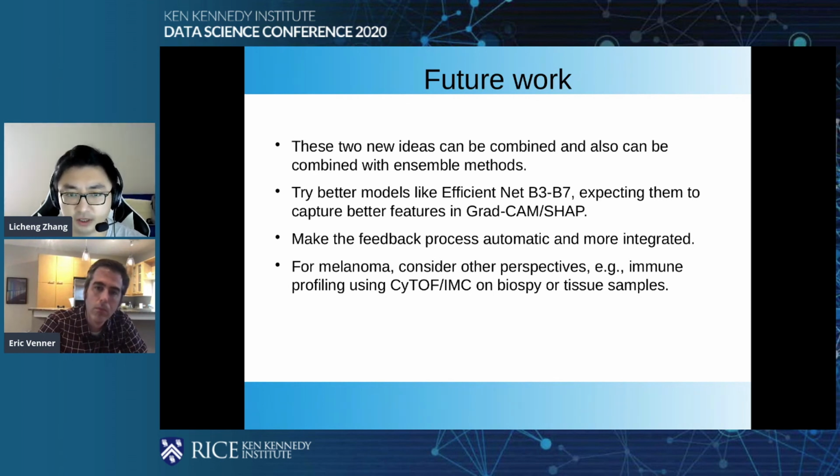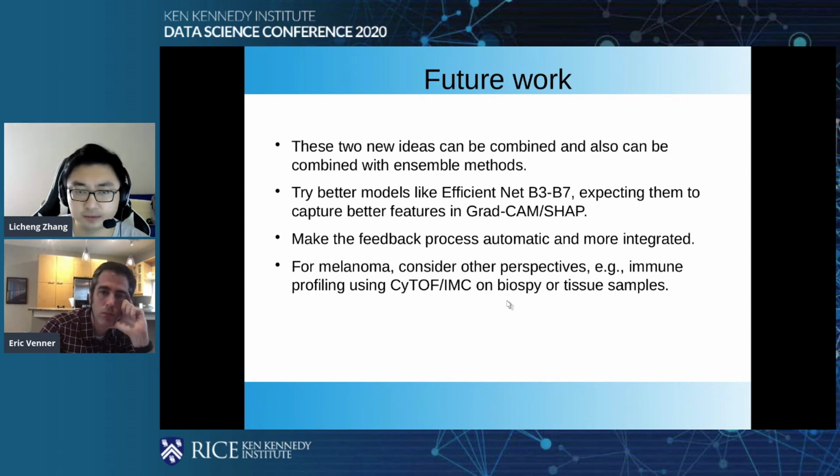And also, if this goes well, we can make this process more automatic and let the model keep training by itself. And from the disease itself, we can consider some other perspectives, for example, looking at the immune profiling using new technologies called CyTOF and IMC on the biopsy samples.